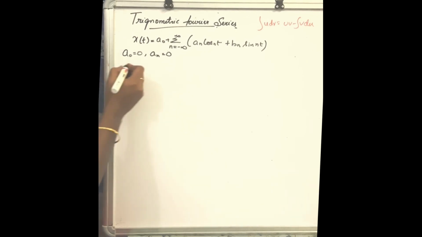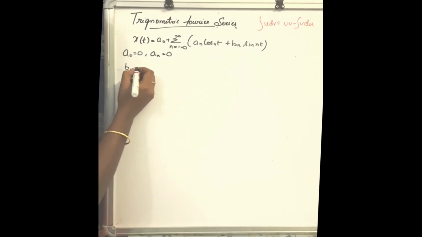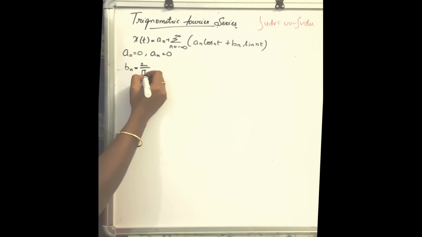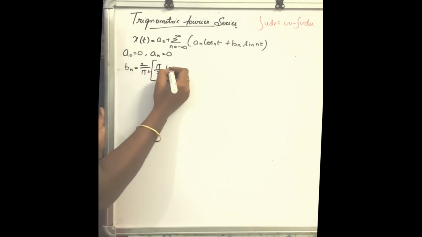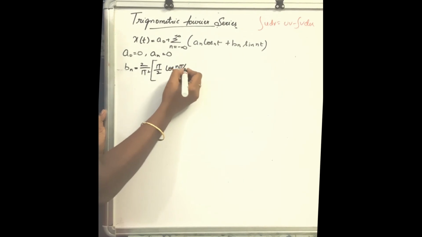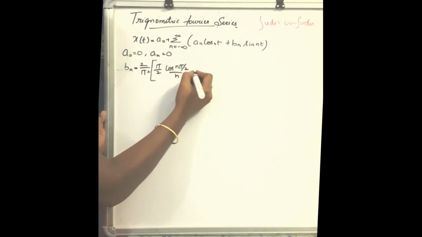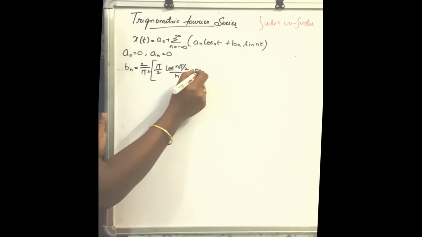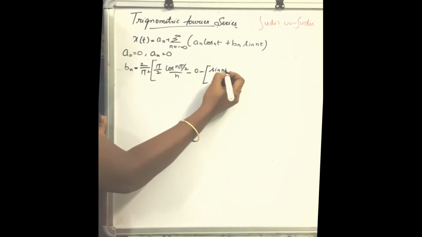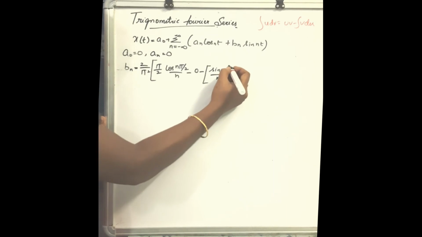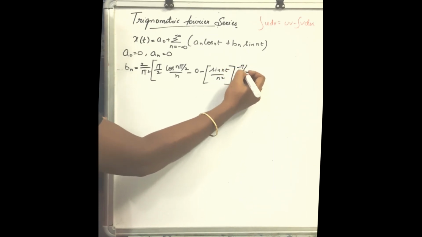On further simplification, we get bn is equal to 2 by pi square, pi by 2 cos n pi by 2 by n minus 0, that is after applying the limits. You get sin nt by n square for the limit minus pi to minus pi by 2.